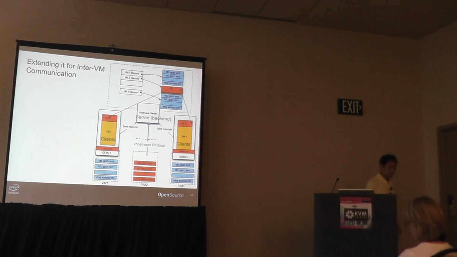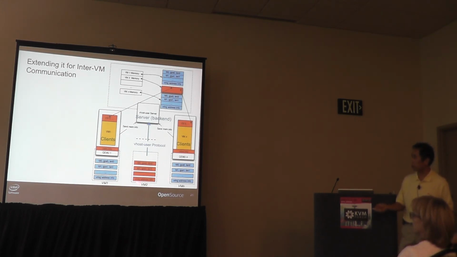Now, this is a bit busy, but the only difference is this orange thing. In this picture, you see this orange one. The orange one is VM2, so this is the memory information of VM2. This picture shows that VM1 has access to VM2 memory, basically, and the other VM has the same thing.